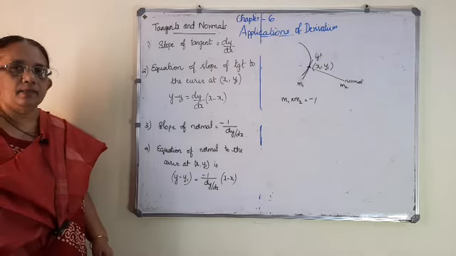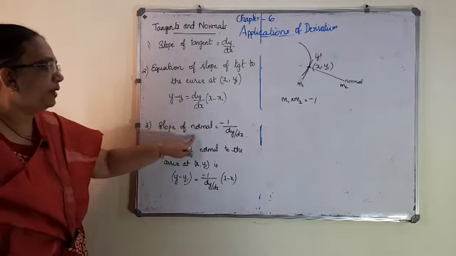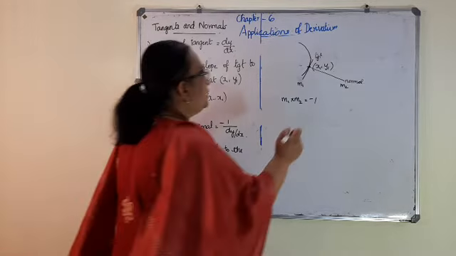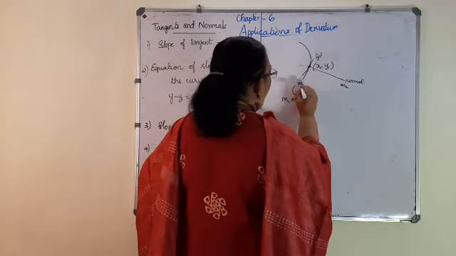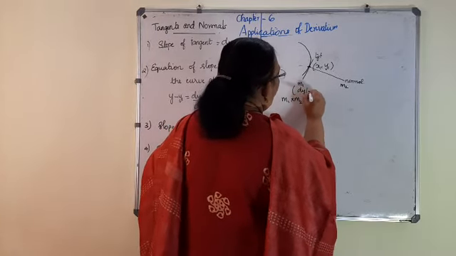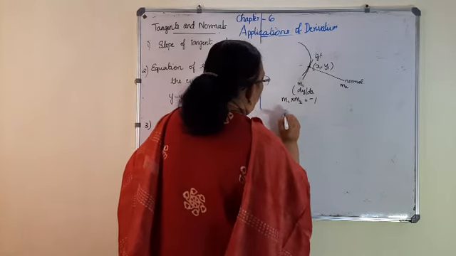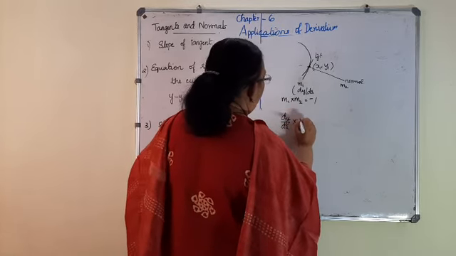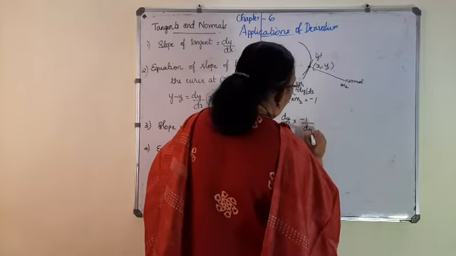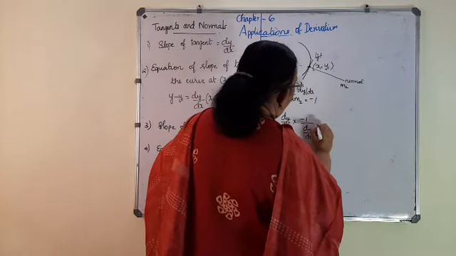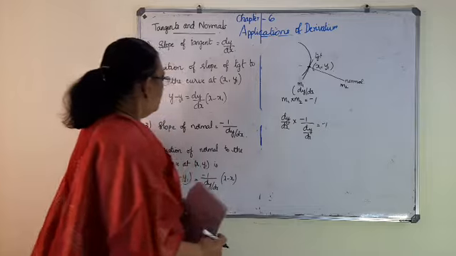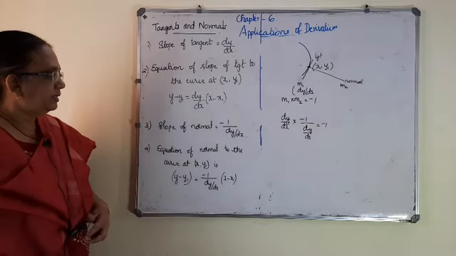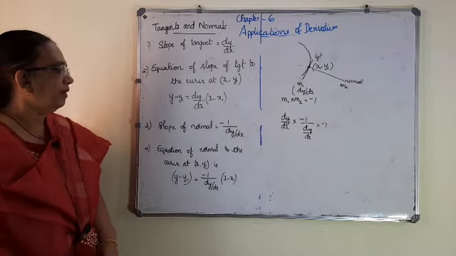We have studied in grade 11. So slope of the normal, instead of m1 we have dy by dx, dy by dx into minus 1 by dy by dx is equal to minus 1. So slope of the normal is equal to minus 1 by dy by dx.